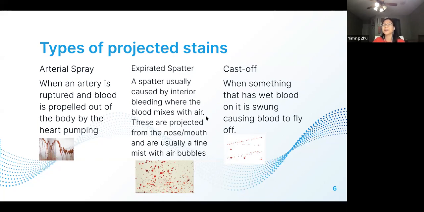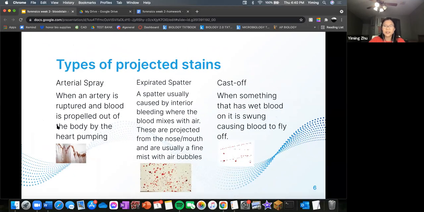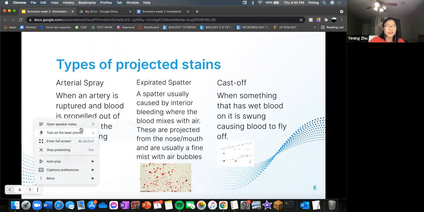I had a much better picture, but it was very graphic. Do you guys want to see it? I can show you if you want. Yes? No? Okay. I'm going to stop presenting.